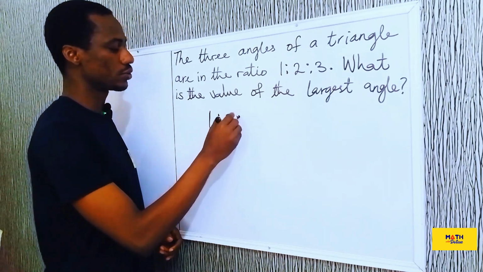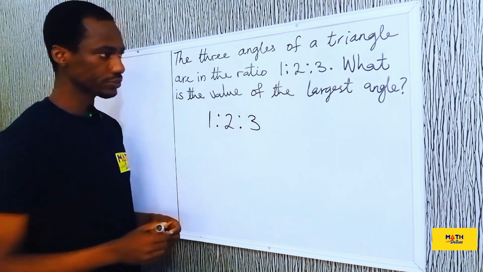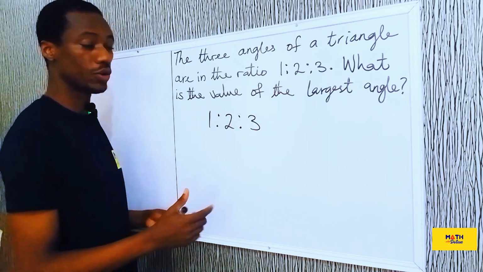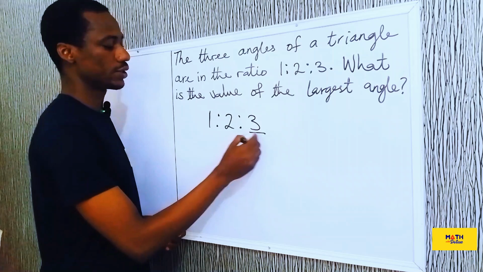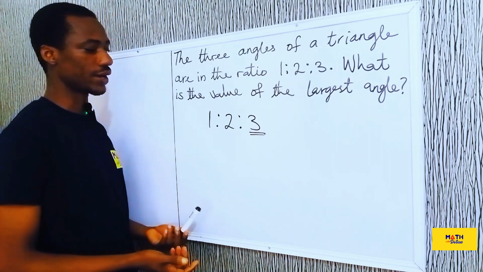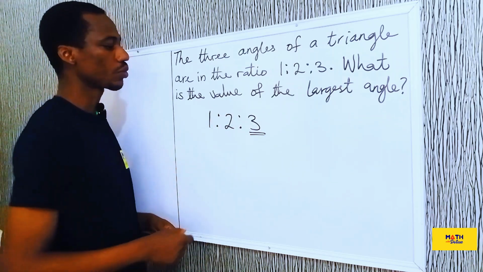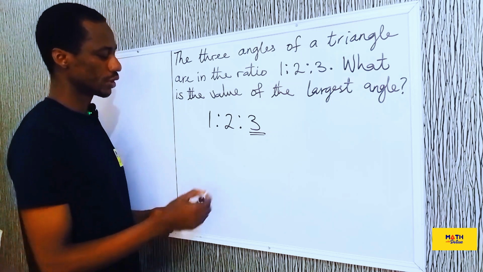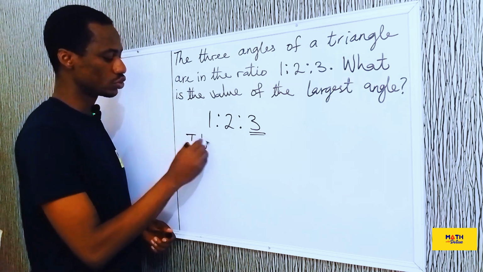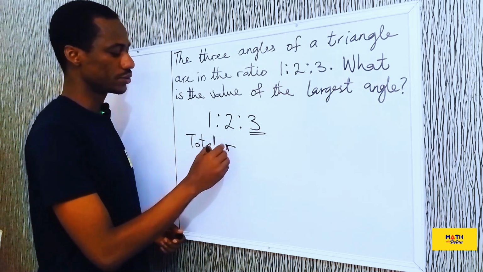We have 1 to 2 to 3. Without wasting time, we know that 3 is for the largest angle, because that's the largest ratio there. Now the next thing to do is to find the total ratio, or the total share.